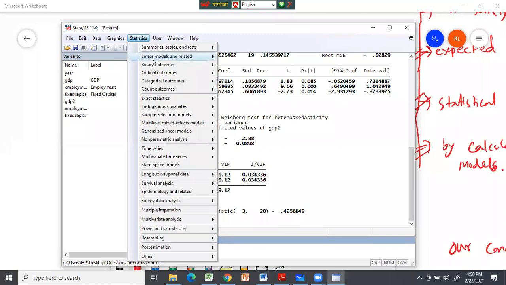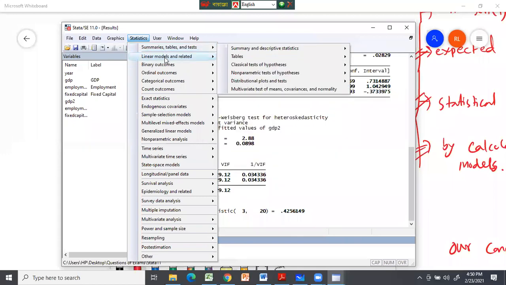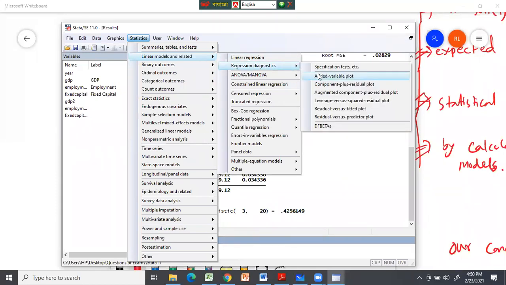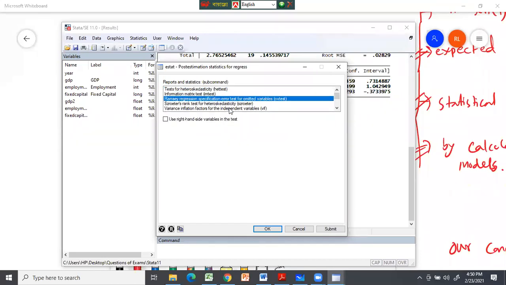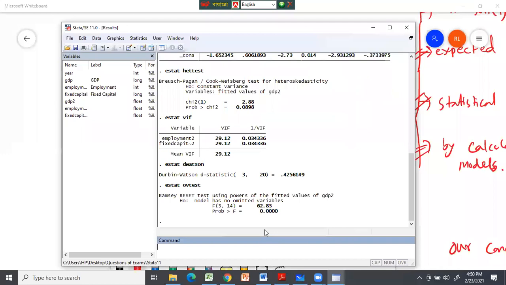And the last one I told you about: another diagnosis test you can do is the model specification test, whether your model included all the relevant explanatory variables or not. You can test it using the Ramsey regression equation specification error test, or RESET. If you press the RESET button and press OK, you can see that Ramsey RESET's null hypothesis is that the model has no omitted variables, and according to the p value of the F test statistic, it is found to be 0.0000.